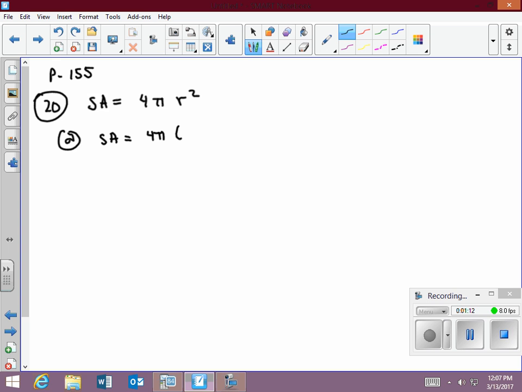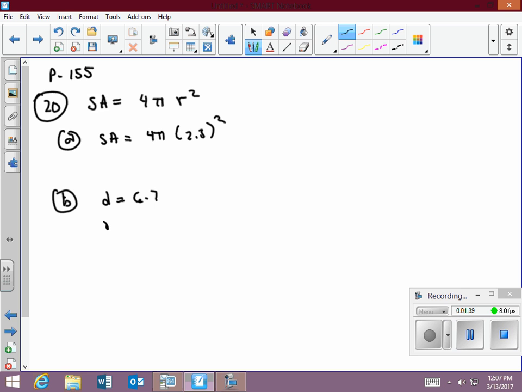And then that's 2.3, the quantity squared. And then you calculate that out. Then it's just a calculator problem. The next one, what you'd have to do is you're given the diameter, 6.7.